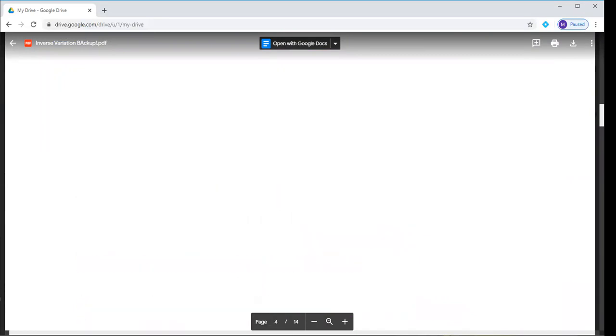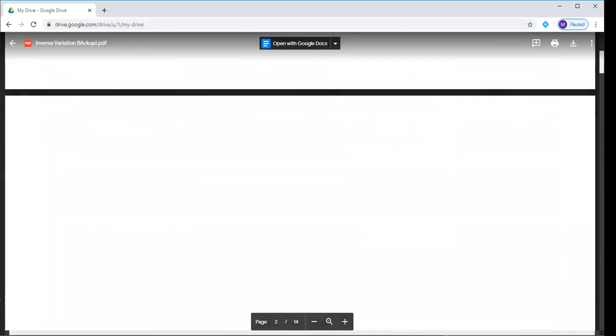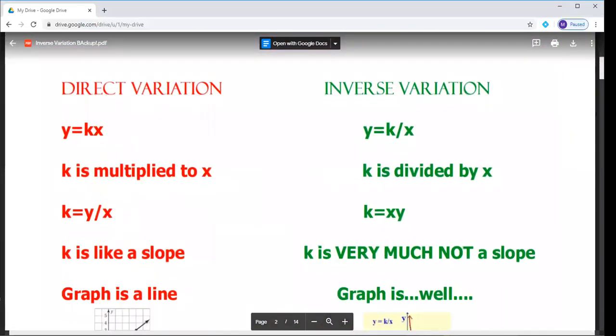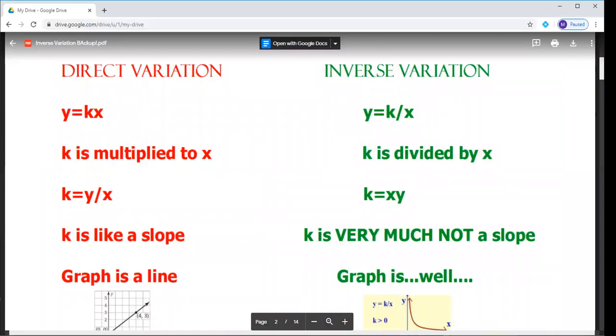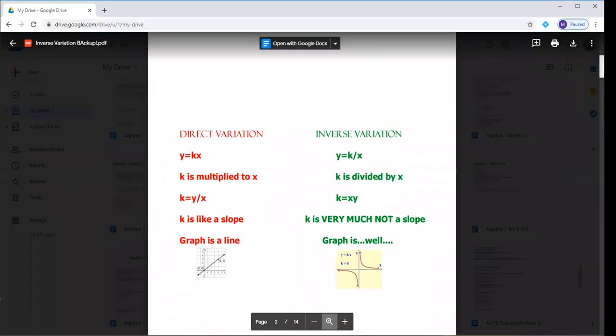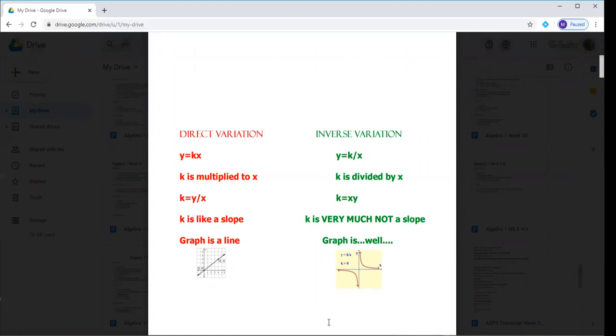Let's go down here and talk about what this actually is. Okay. All right. So two different situations here. Let me zoom out a little bit. Okay. Direct variation. We have this situation here with y equals kx.